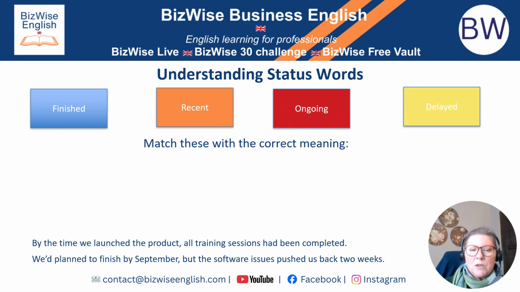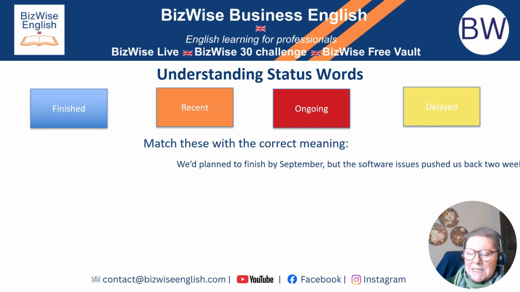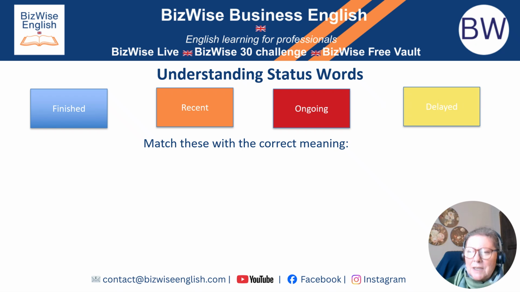By the time we launched the product, all training sessions had been completed. It's done, finished. We'd planned to finish by September, but the software issues pushed us back 2 weeks. To be pushed back means delayed. Okay, you can of course always go back and look at this again if you want to be sure.